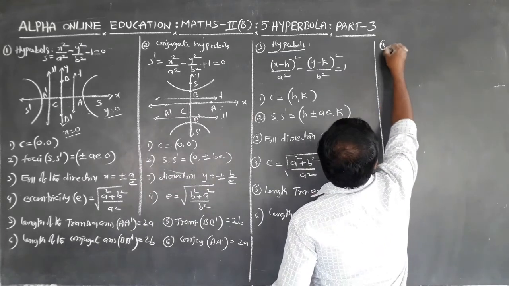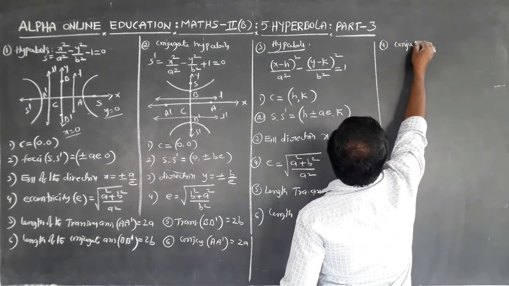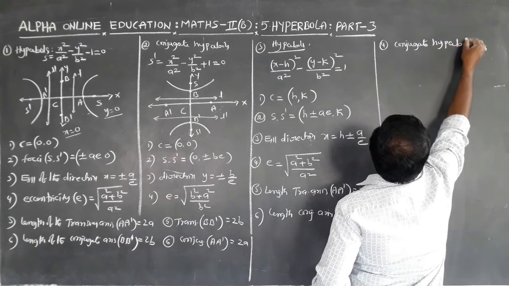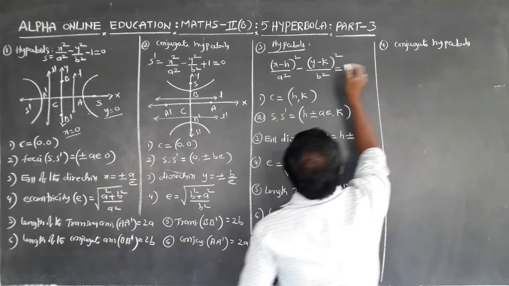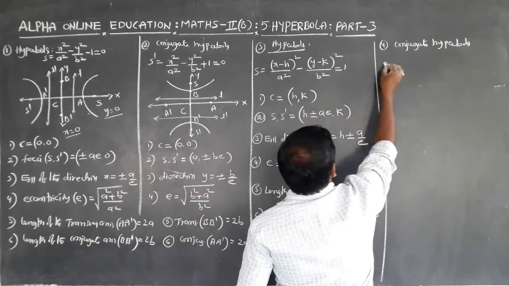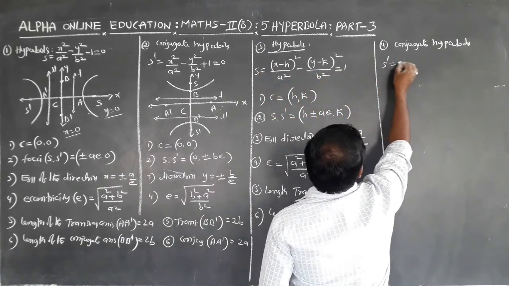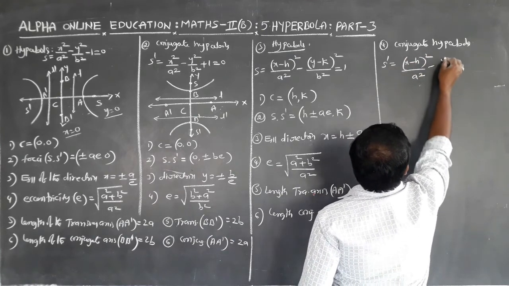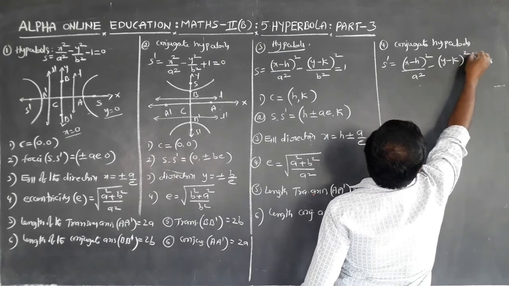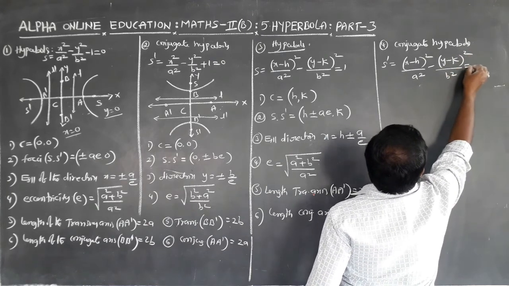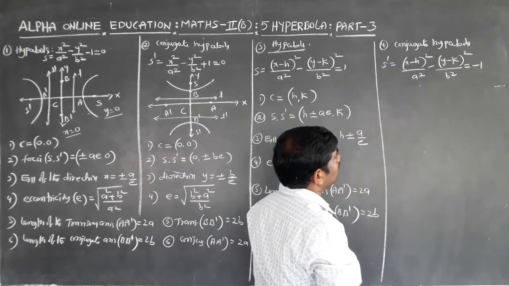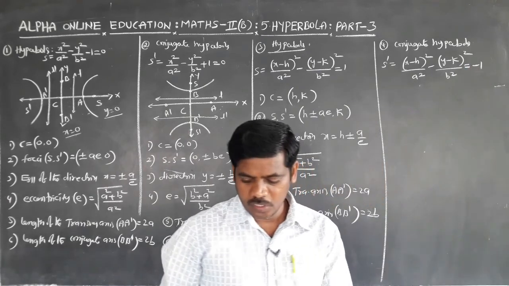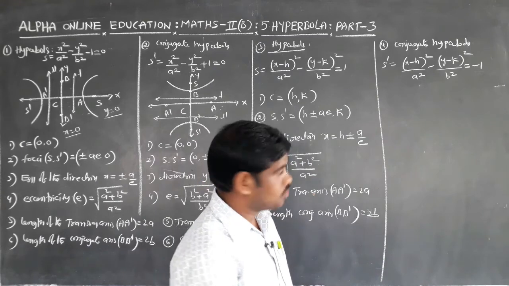Fourth one is the conjugate hyperbola. Conjugate hyperbola means S dash is equal to (x minus h) whole square by a square minus (y minus k) whole square by b square equal to minus 1, or S dash plus 1 equal to 0.